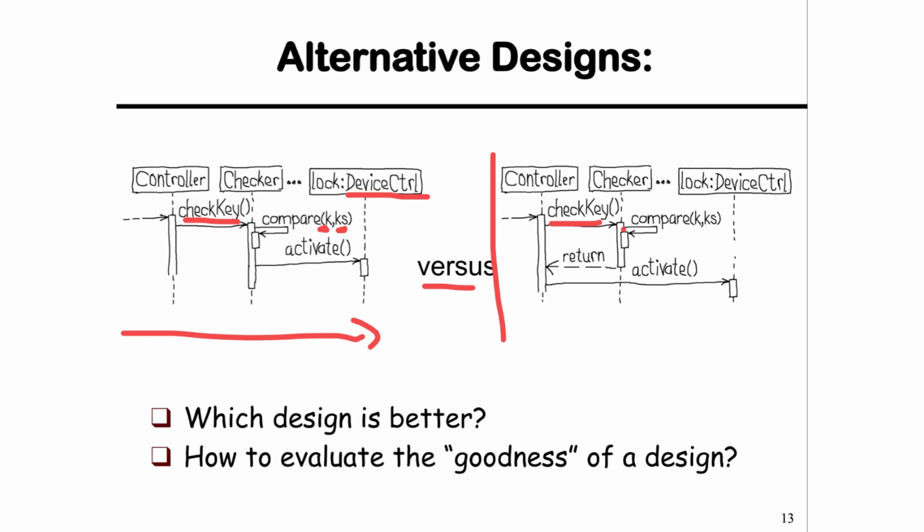But again, the checker compares the key for validity. Once it checks the validity of the key, it doesn't directly trigger the lock device control, but it returns the control back to the controller. And finally, the controller will be responsible to trigger the lock device control so that the door will be unlocked.